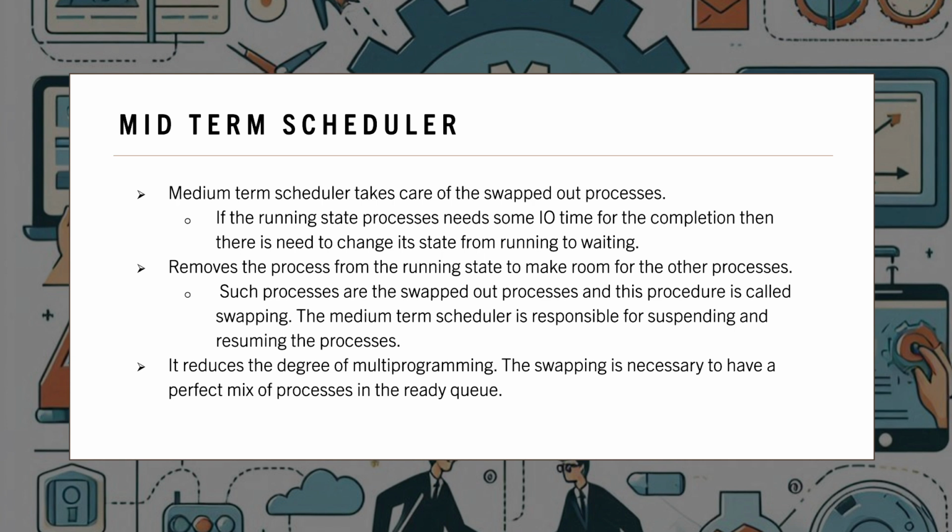Such processes are swapped out processes, and this procedure is called swapping. The mid-term scheduler is responsible for suspending and resuming the processes. It reduces the degree of multiprogramming. The swapping is necessary to have a perfect mix of processes in the ready queue.